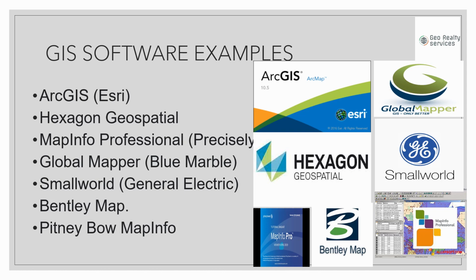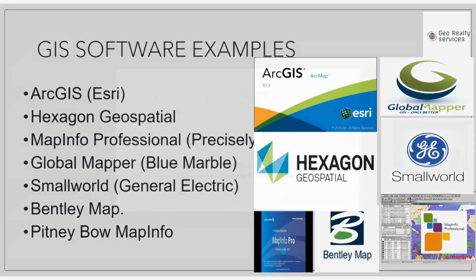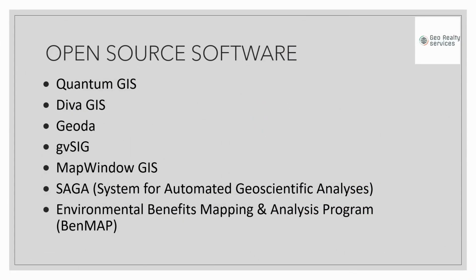On the other hand, there is also open source software in the industry such as Quantum GIS, DIVA-GIS, GeoDa, gvSIG, MapWindow GIS, SAGA, that is System for Automated Geoscientific Analysis, and Environmental Benefits Mapping and Analysis Program, BenMAP. Among the open source software above, QGIS and DIVA-GIS are the most popular.